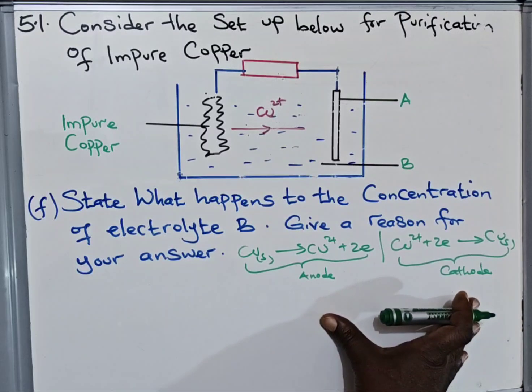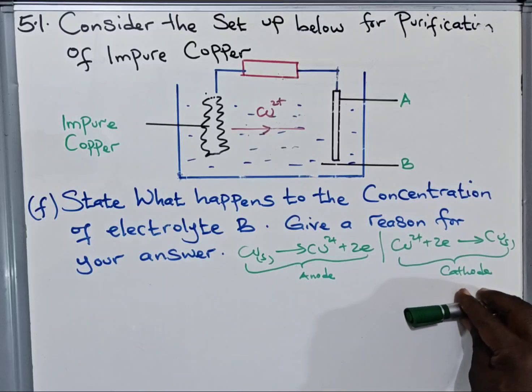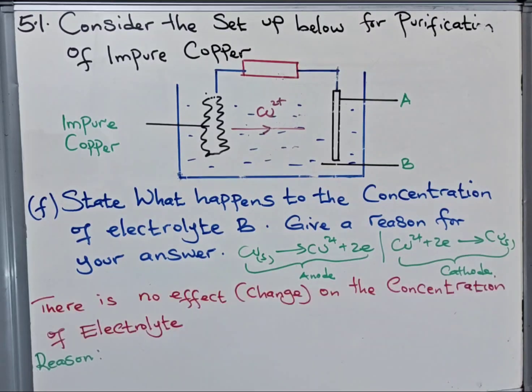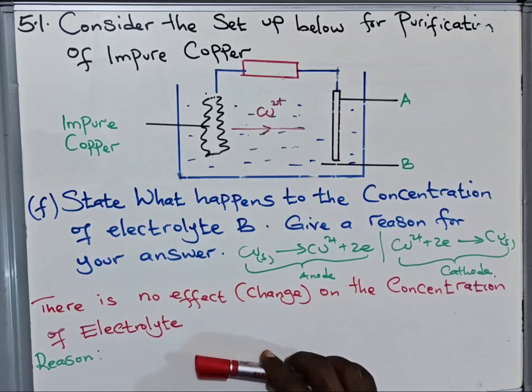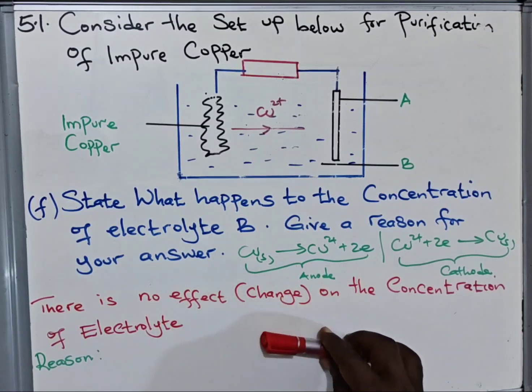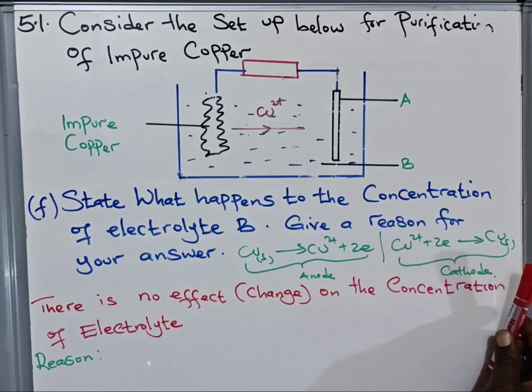Once you have these two reactions and you see that one is the reverse of the other, the conclusion is known. There is no effect on the concentration of the electrolyte. And what's the reason? The rate of oxidation at the anode is equal to the rate of reduction at the cathode.